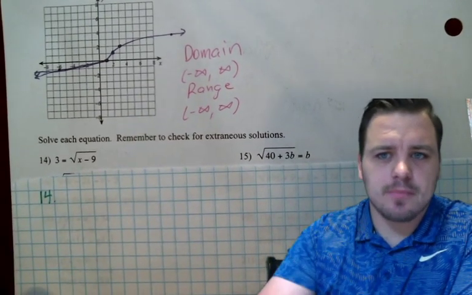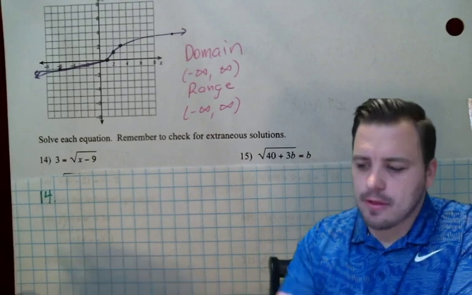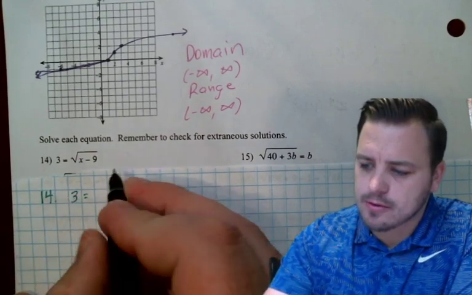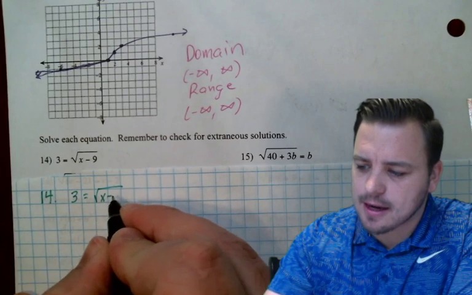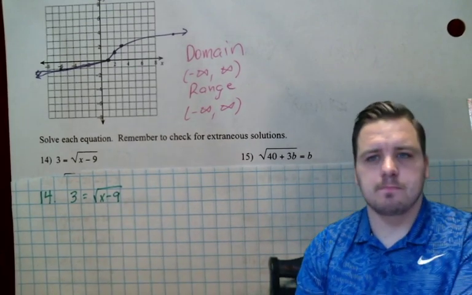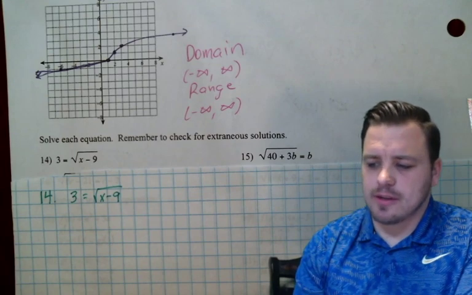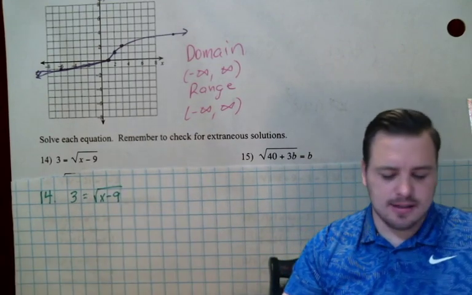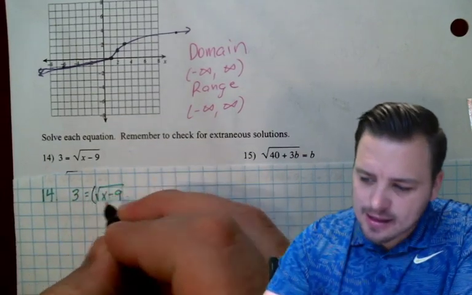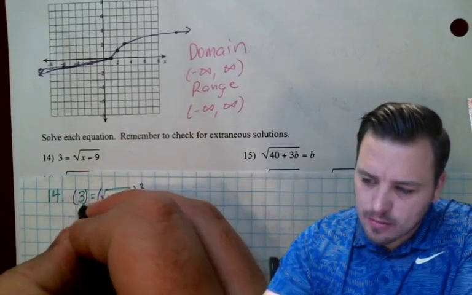Looking at that, we have 3 is equal to the square root of x minus 9. So first thing we need to do here is square both sides in order to isolate that variable x. So we square both sides.